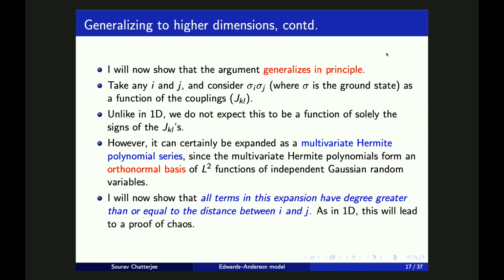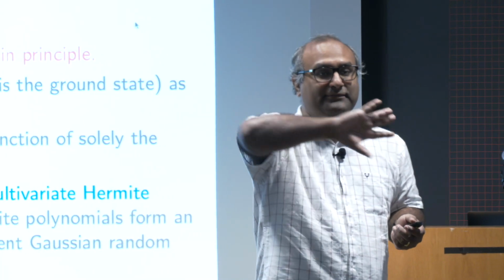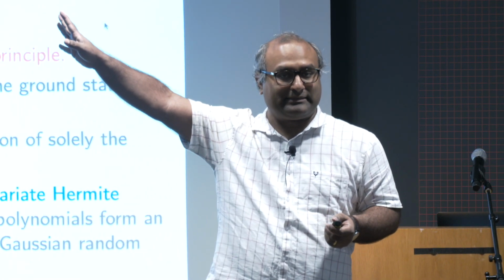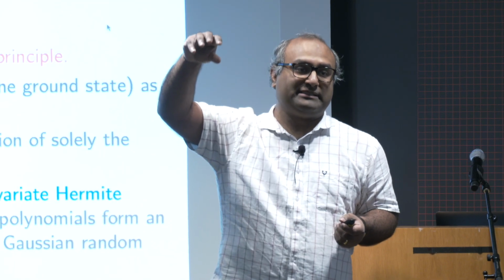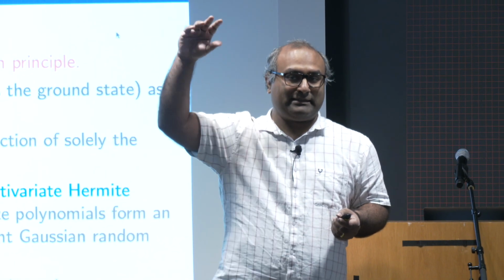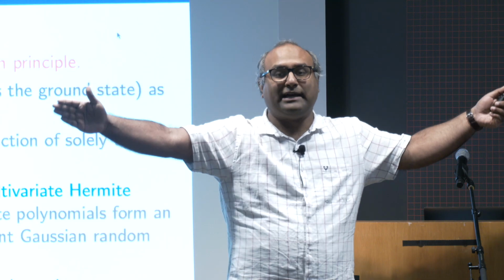And what I will show is that all terms in this expansion will have degree greater than or equal to the distance between I and j. So if you write down sigma I, sigma j as a function of the couplings as an infinite polynomial series, then all terms in the series that appear are high degree terms if I and j are far apart.